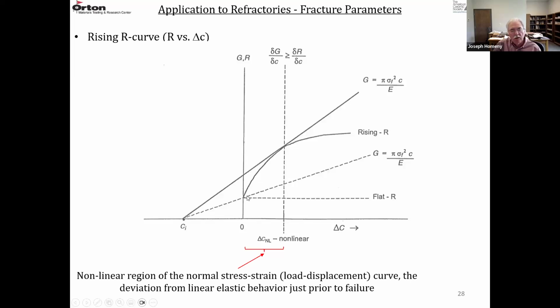This is what you want for a material that has good thermal shock resistance. You need a rising R curve. A flat R curve would be a brittle material. Again, this is a tedious measurement, generating a G_R versus delta C curve. J1C is also kind of tedious. So the gamma NBT and the gamma WF are what's commonly measured.